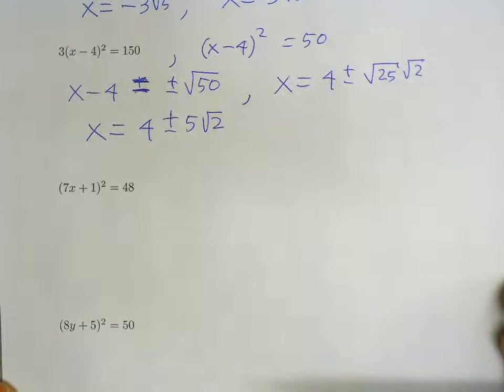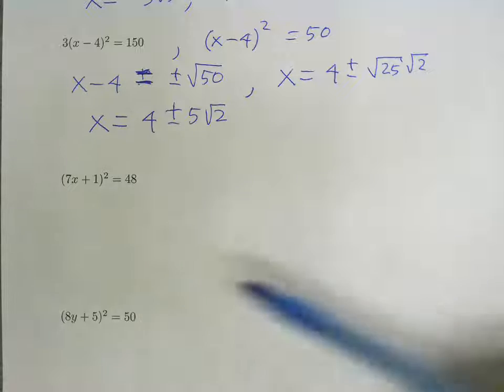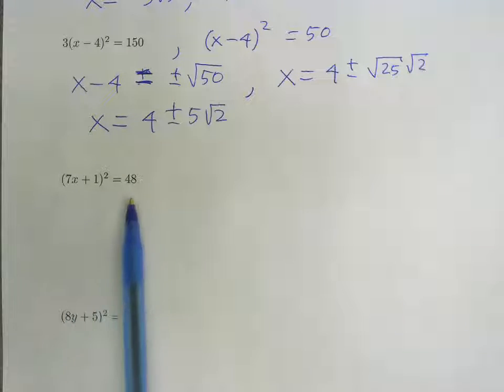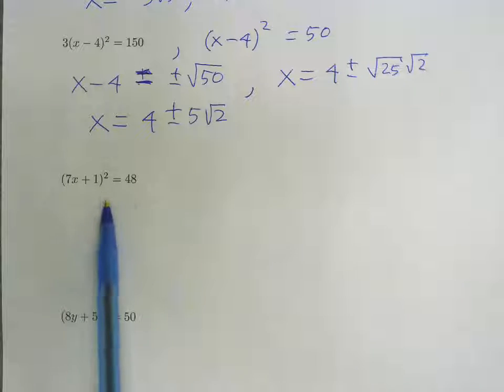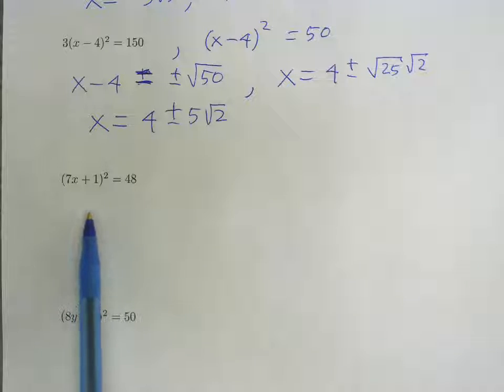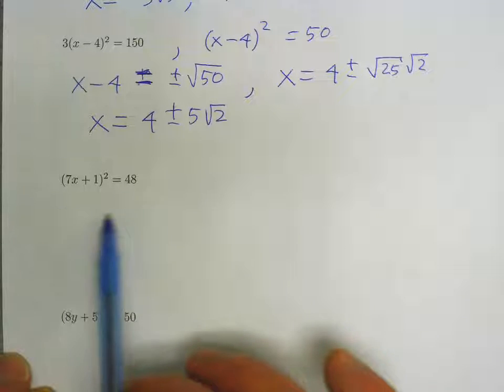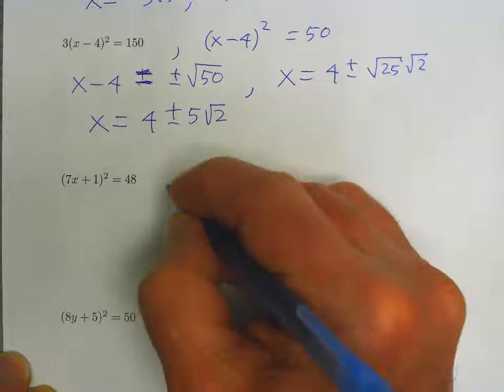Okay, the next one is a little more involved. The first step is not different, but what follows will be a little different than what we've seen. Since we have a binomial, 7x plus 1 squared equals 48, this is all set up to apply the square root property.